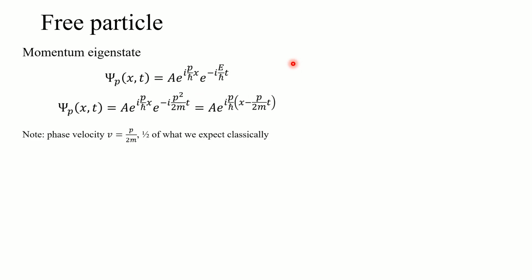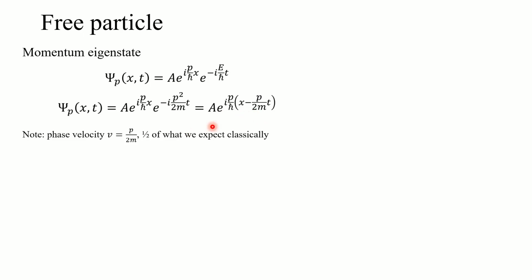All right, so let's put this all back together. If we look at a momentum eigenstate now, the spatial dependence here is the same as the energy eigenfunction we had. And if we want to know the time dependence, we just add that energy-dependent phase factor on. If we bring these exponentials together and do some factoring in the exponents, we get the same sort of wave-type equation.